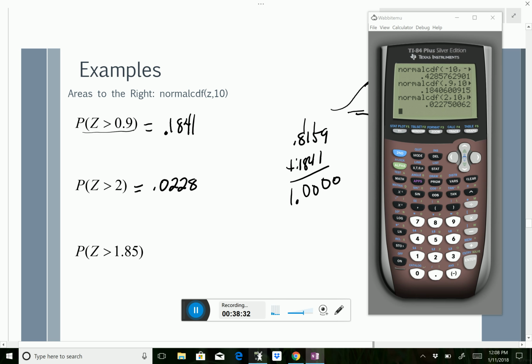And so what happens when I'm 1.85? Paste. And that's a little bit bigger, which it should be. 0.0322. Okay, let's move on.